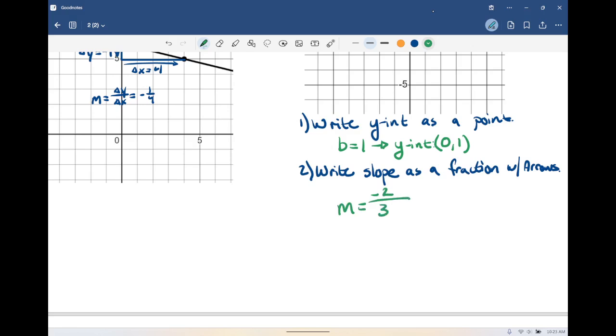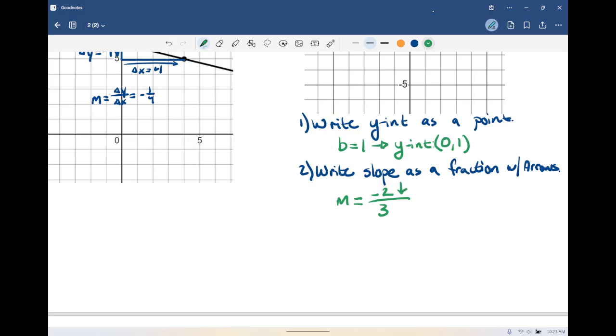Now, remember, slope is change in y over change in x. If we have a negative 2 in our numerator, what direction would we have had to move for that to be a negative? Up or down? Down. And so negative 2 is 2 down.